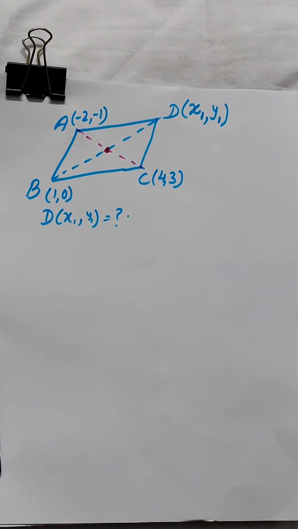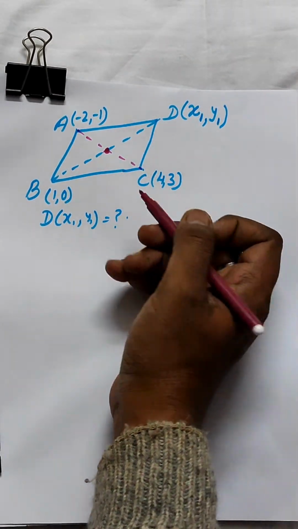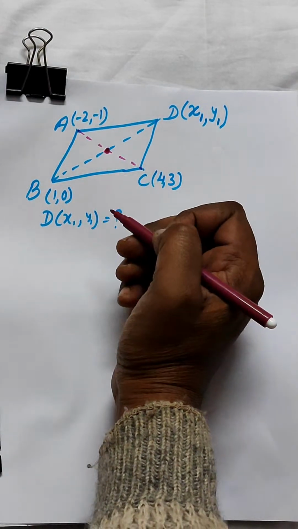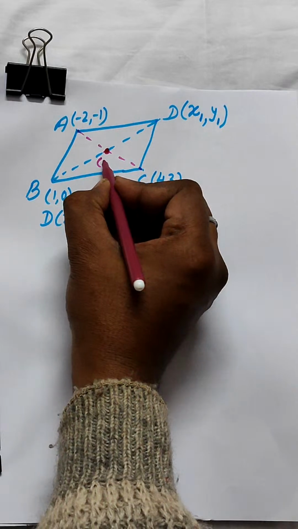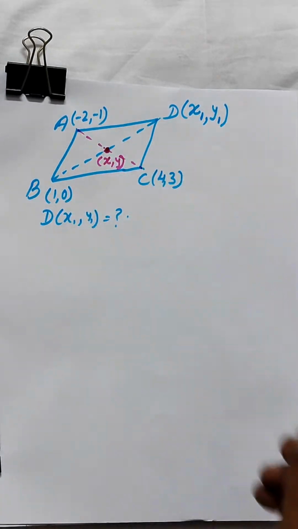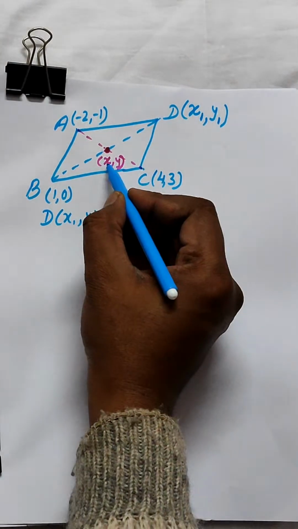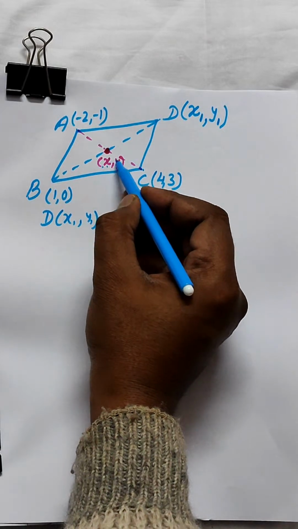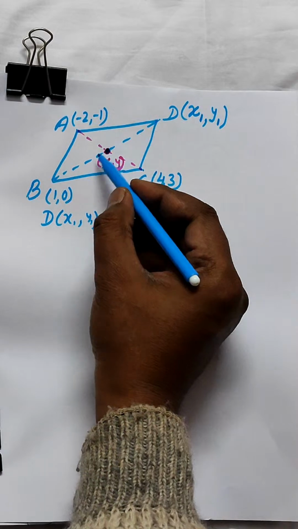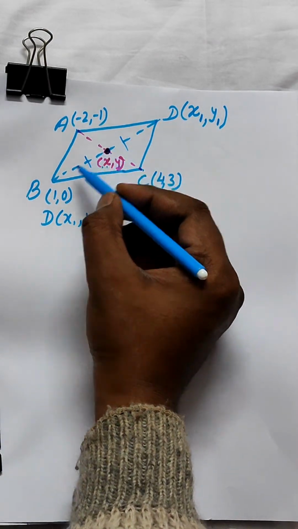So if this is the point of intersection of the diagonals of the parallelogram, they are intersecting at the same point, so the coordinates will be the same. Let's say x and y are the coordinates of the point of intersection. Since this is the point of intersection, we can say that it divides the diagonal equally, right? So this is the midpoint of BD.